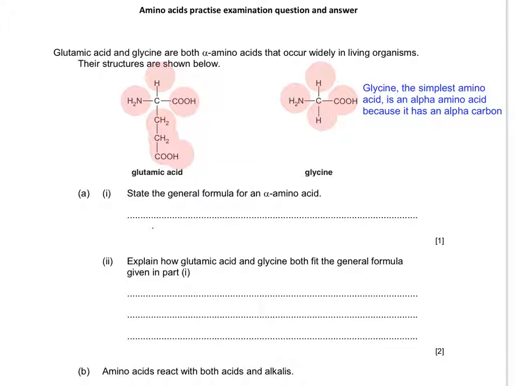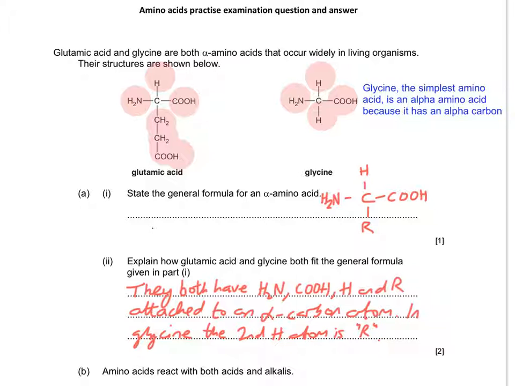So the general formula they're looking for is like this. I would recommend the easiest way to answer is to just draw the general formula that way rather than try and put it into words. And it says explain how glutamic acid and glycine both fit the general formula. So even though we said earlier that technically H is not an R group, in the exception of glycine, the second hydrogen takes the role of an R group.